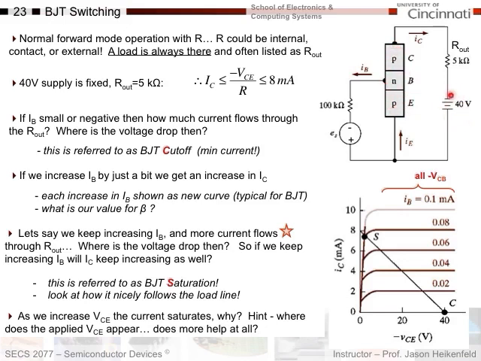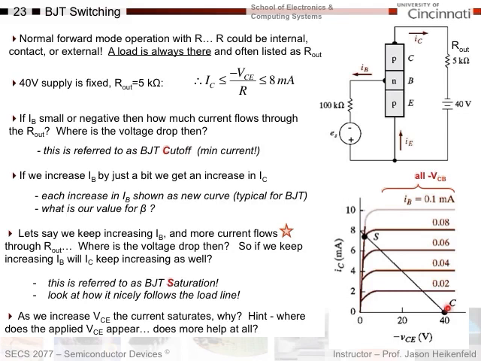And so here I am. I've got no or zero base current, so my base currents are decreasing. They go to zero or negative. I get no collector current, so my collector current is zero on this axis. And my voltage drop, VCE, across the BJT is the entire applied voltage. It's 40 volts. This point here is referred to as BJT cutoff. It's where I have minimum current.